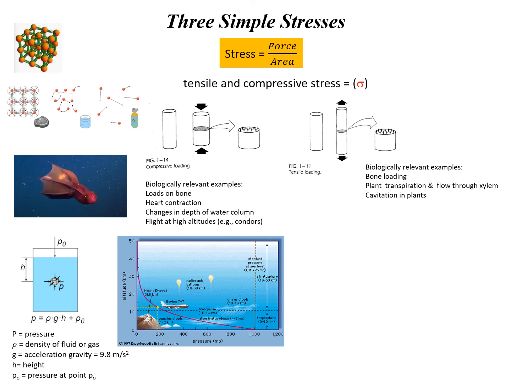This is the same altitude that airliners fly at. So they're under greatly reduced compressive stress when they fly at that altitude. It makes a big difference in terms of the lift that they can generate, in terms of the way that air flows throughout their respiratory system, etc.